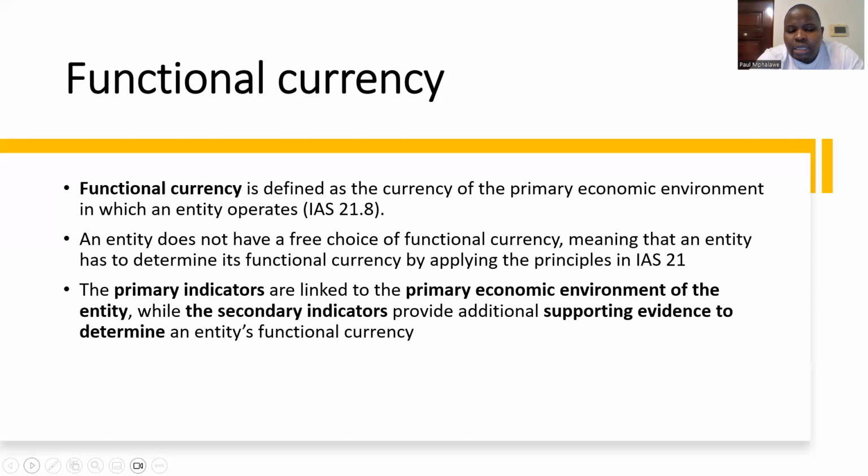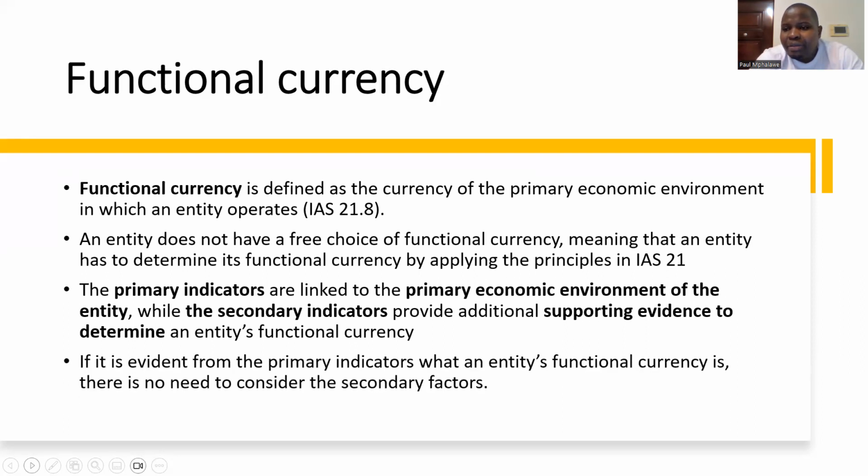Okay, the primary indicators that are linked to the primary economic environment of the entity, while there are also secondary indicators that are provided as additional supporting evidence to determine an entity's functional currency. So what you're trying to say is if the primary activities are not sufficient to substantiate the functional currency, you should use the secondary activities.